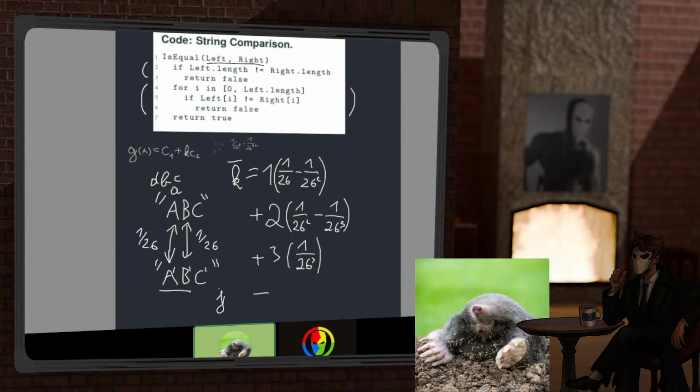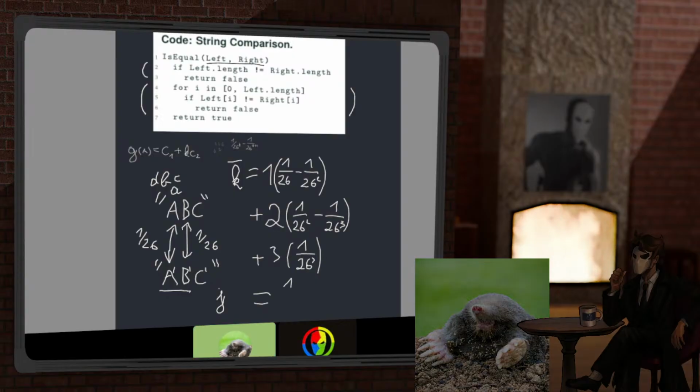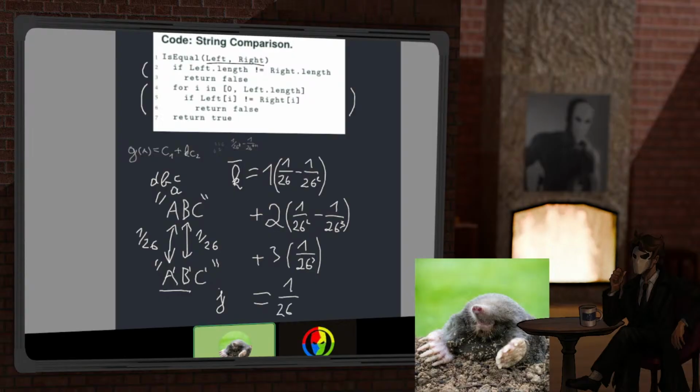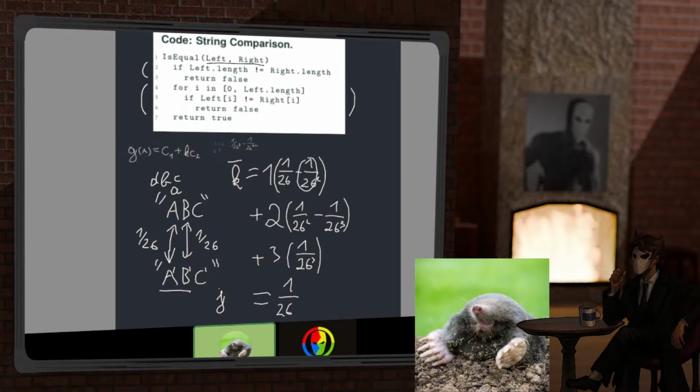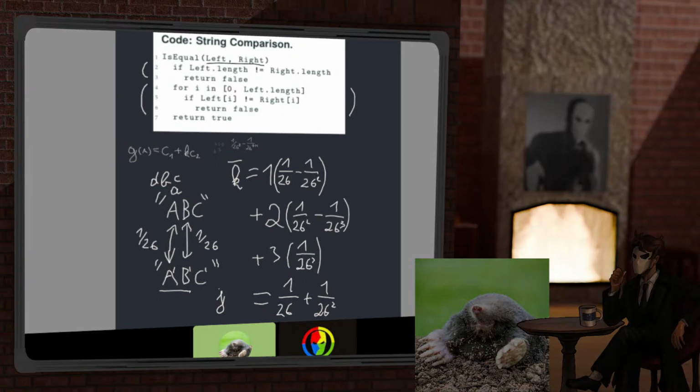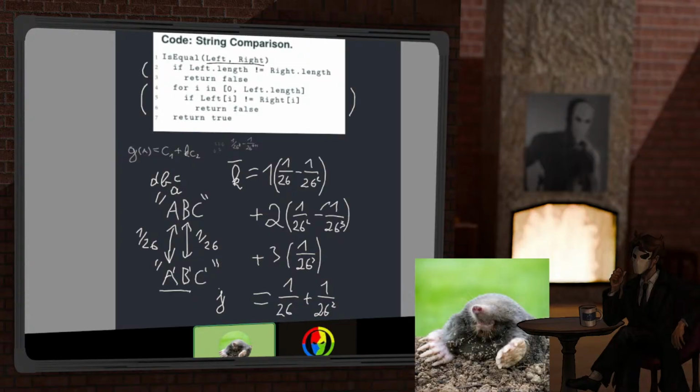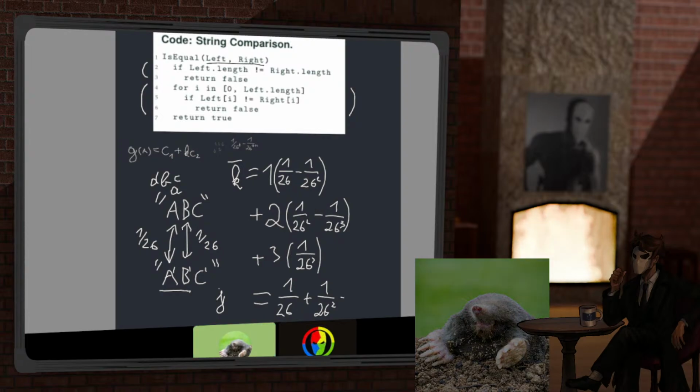So if we expand, we actually get 1 over 26, the first one. Then we get 1 over 26 squared times 2 minus 1. This is just 1 over 26 squared. And the same here. We have 3 times this minus 2 times this. So this just leaves us with 1 over 26 cubed.